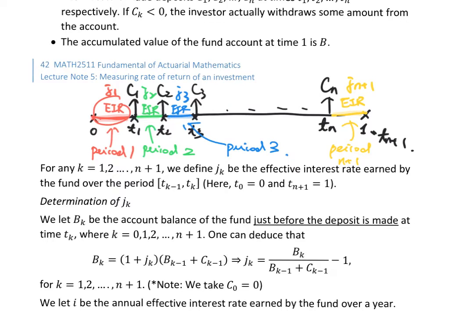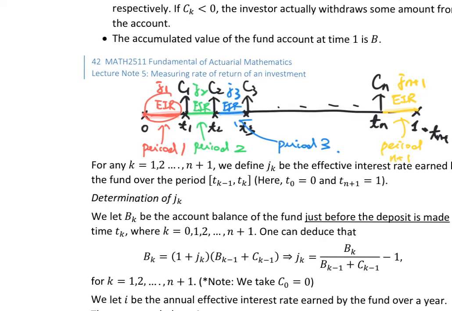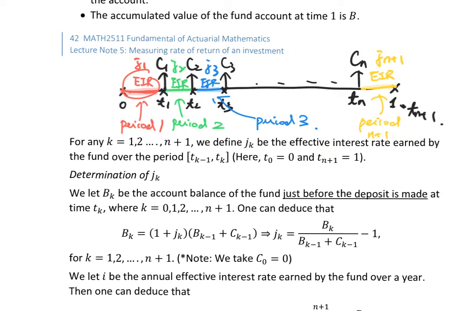Now, the question will be, how do we get this Jk? Let us focus on the first period. To facilitate the analysis, I first define one notation, which is Bk. We let Bk be the account balance of the fund just before the deposit is made at time Tk.